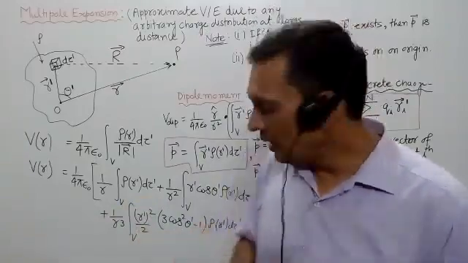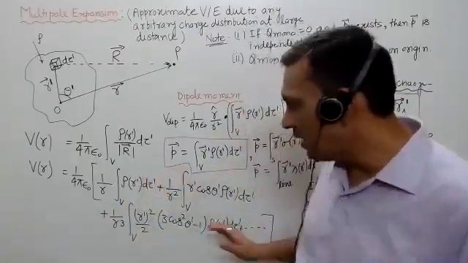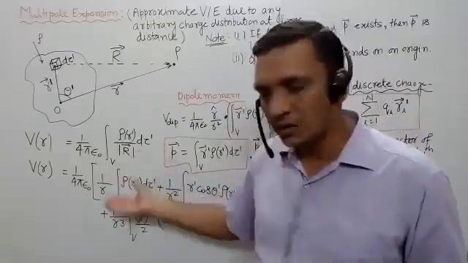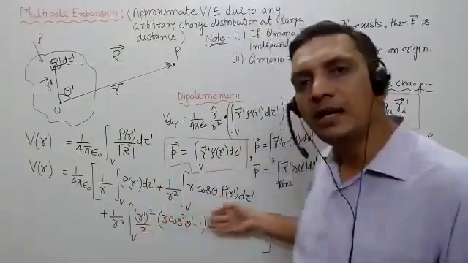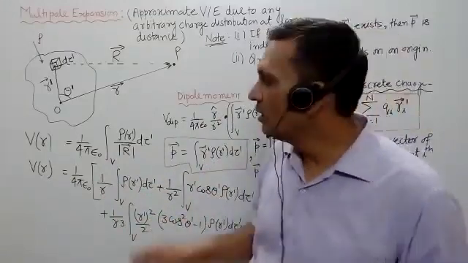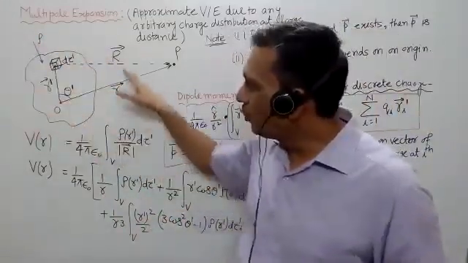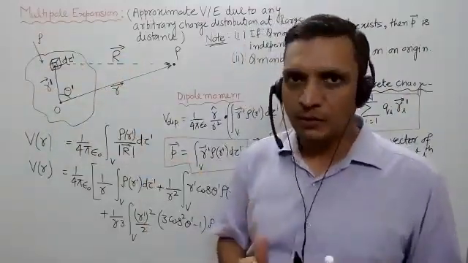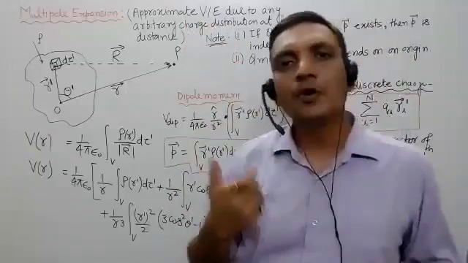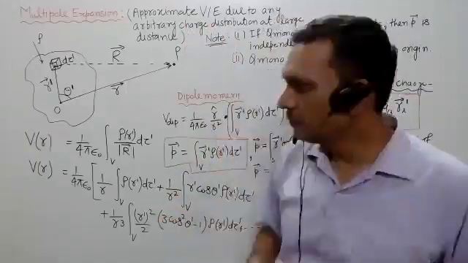So that's why in multipole expansion you are getting only these terms: monopole term, dipole term, quadrupole term, and so on. Using these terms, you can have potential or electric field of any arbitrary charge distribution, and you will get approximate V or E. Is it clear?